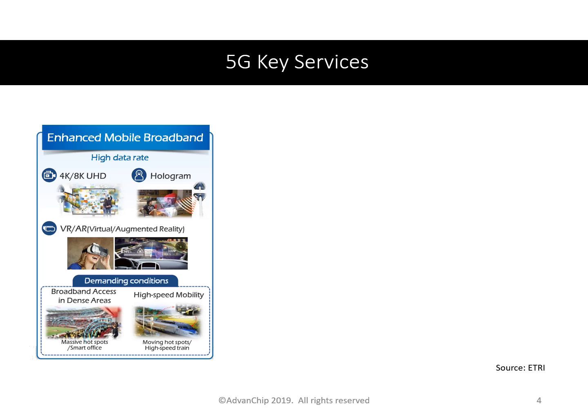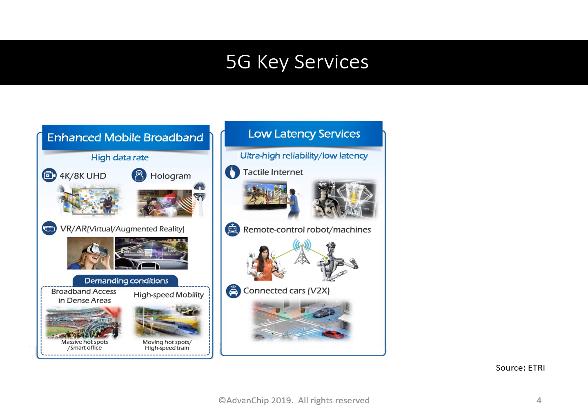5G key services. Enhanced mobile broadband for high data rate communication. Good for video streaming, 3D images, work and play in the cloud, augmented reality. Ultra-reliable and low-latency communications for low-latency and reliable applications, such as industrial automation, defect inspection, pattern and facial recognition, self-driving cars.